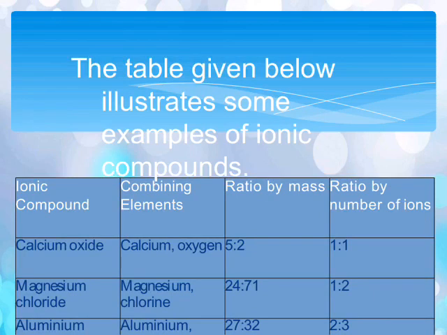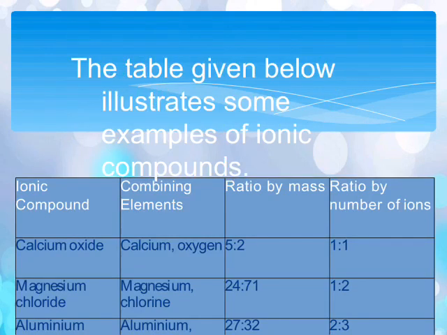Now the table given below illustrates some examples of ionic compounds. Calcium oxide has calcium and oxygen. Its formula is CaO. The ratio by mass will be 5:2 and the ratio by number of ions is 1:1. Similarly, the magnesium chloride formula will be MgCl2.